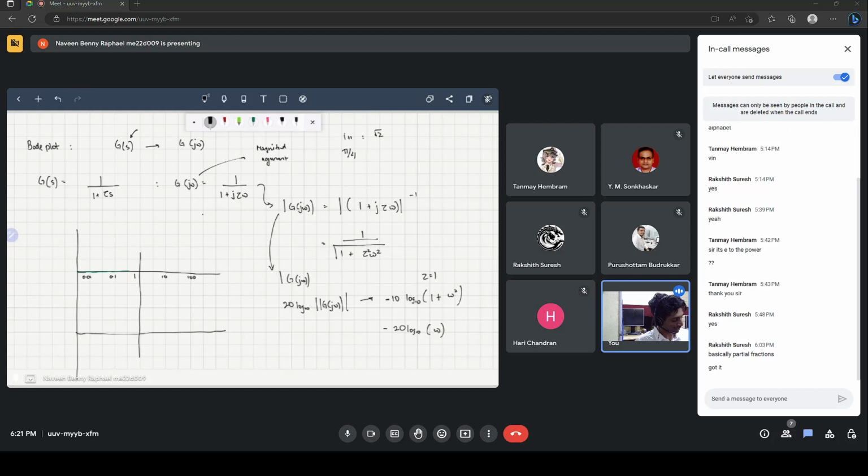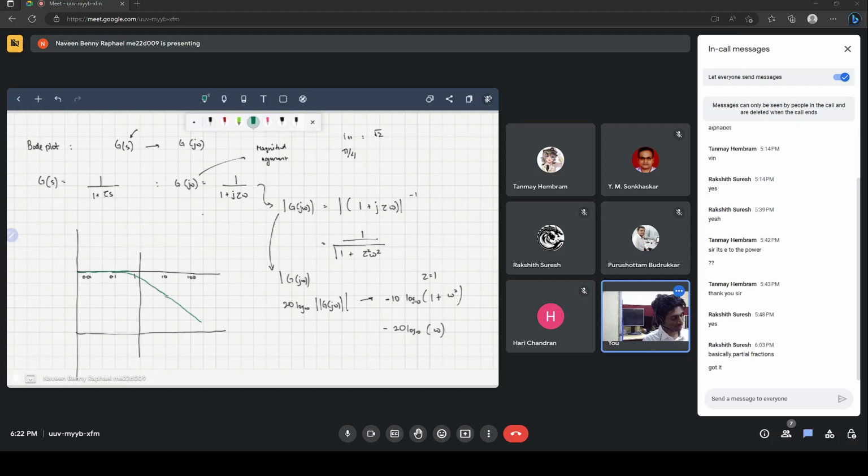So if omega is really large, say after 10, the slope is minus 20. And to connect the graph at this part, we'll just connect it like that.